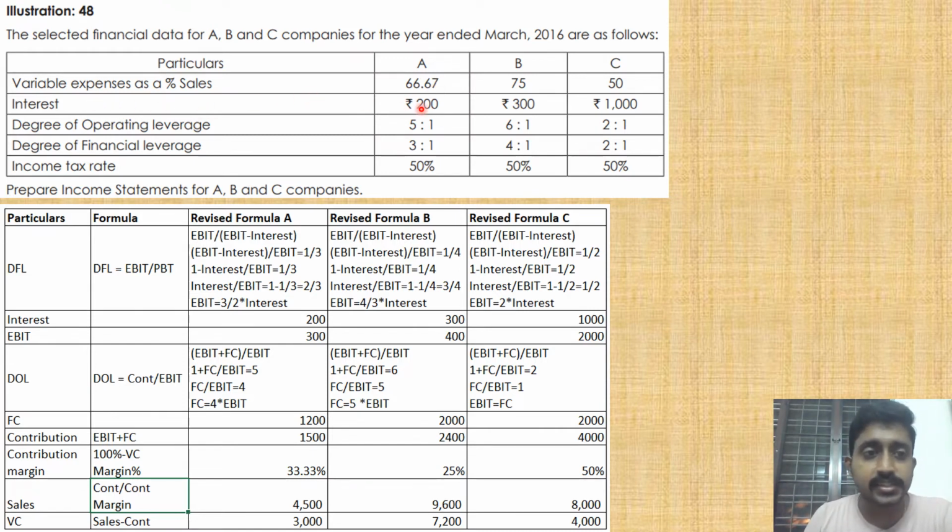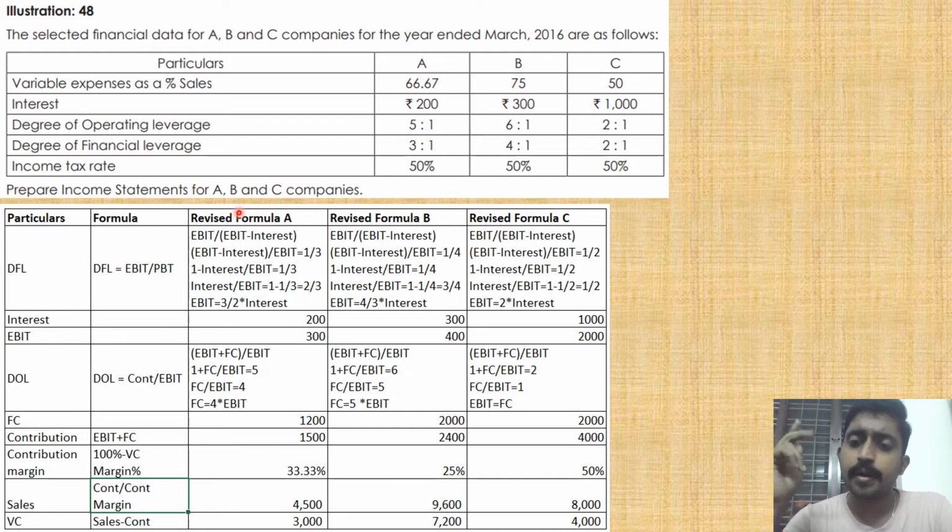Next, the interest is given in all three cases. Degree of operating leverage is given, which means contribution divided by EBIT is given. Next, degree of financial leverage is given, which is nothing but EBIT divided by EBT. That is also given. Income tax rate is given. Prepare the income statement. You have to find all the income statement items. So what are all the income statement items?